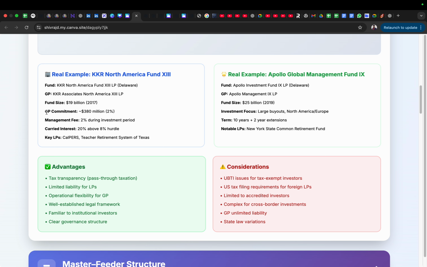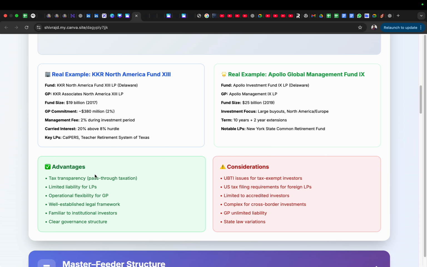GP committed 380 million. The management fee is 2% during the investment period, and carried interest is 20% above an 8% hurdle. So this is how they have set up the fund. And who are the investors? CalPERS, Teacher Retirement System of Texas. They are the big investors for KKR.